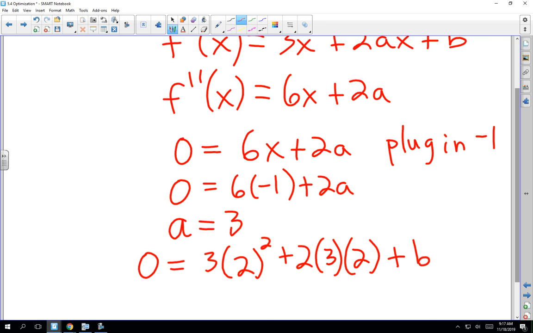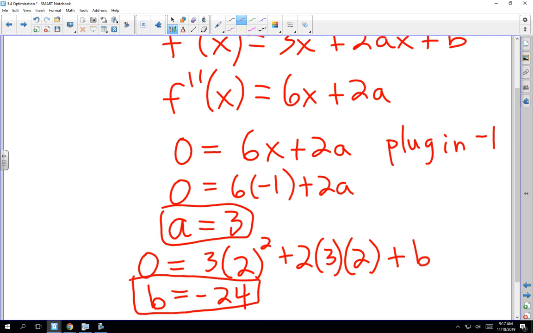So it's just using the definitions, using what we've been doing to find the original function based on information about the first and second derivatives. So let's see, it's 12. So it's 24. b equals -24. So when a equals 3 and b equals -24, you have a polynomial function with those two characteristics.